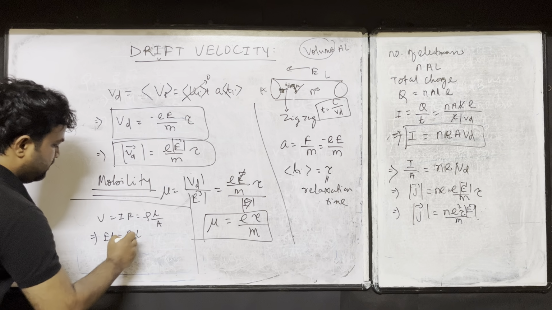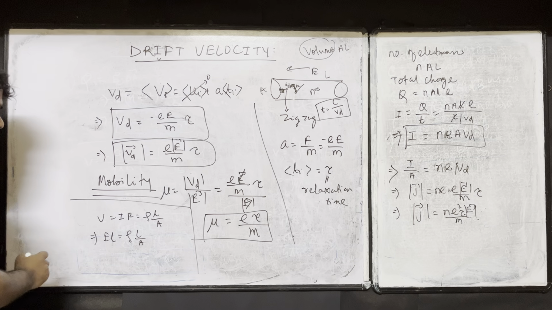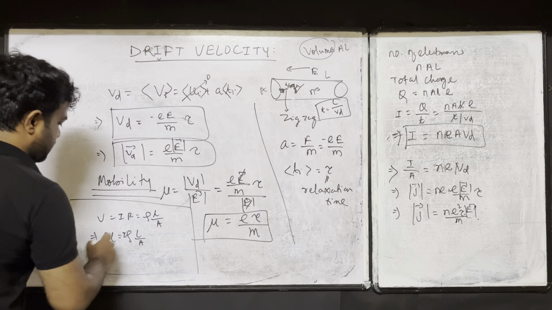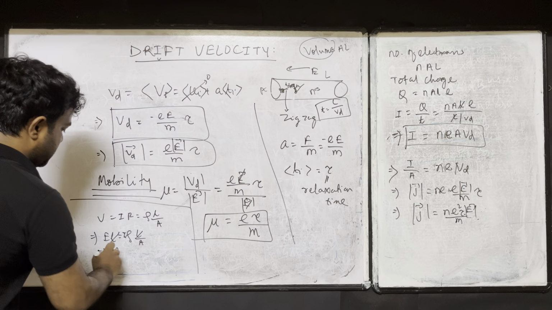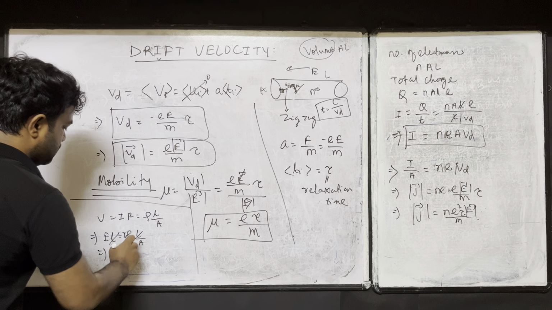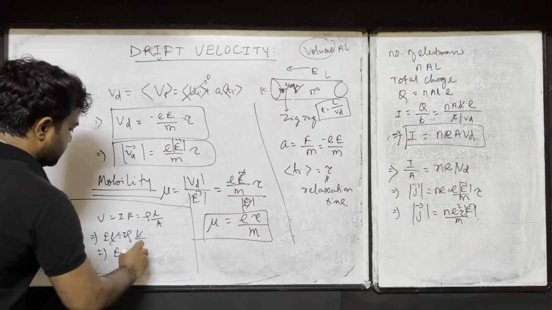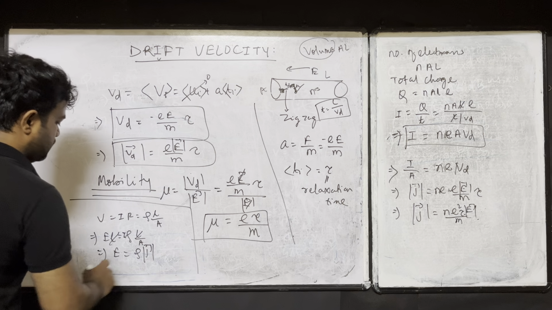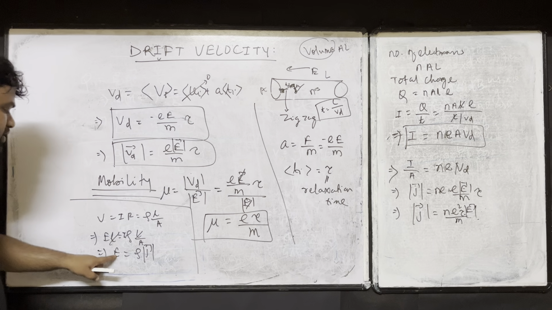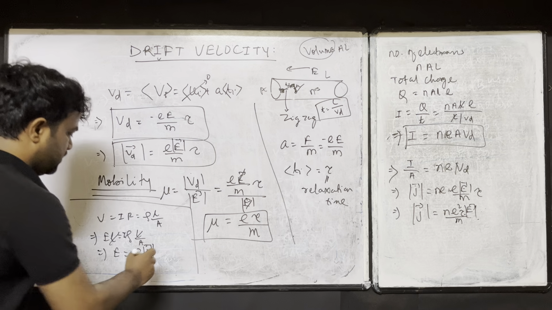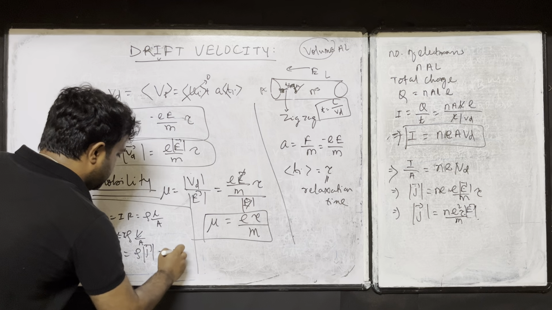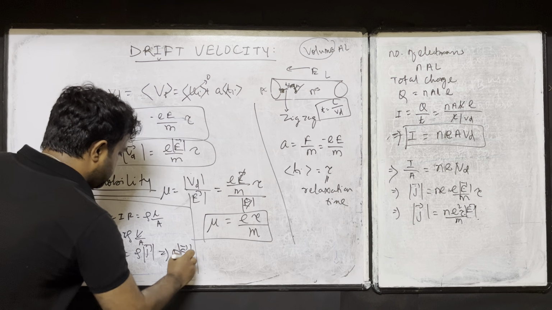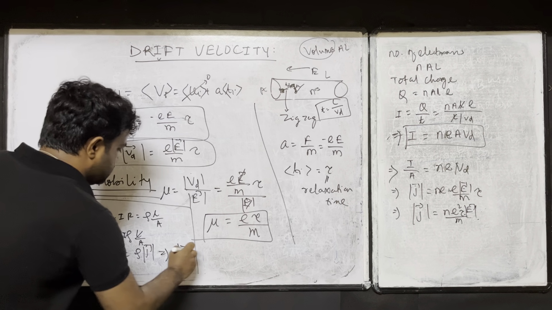So it's rho L by A I, and L L cancelled, I by A is J. So you are getting basically E equal to rho J, or J equal to 1 by rho E, that is your sigma. You can write 1 by rho, that is sigma, so J equal to sigma E, where sigma is conductivity.